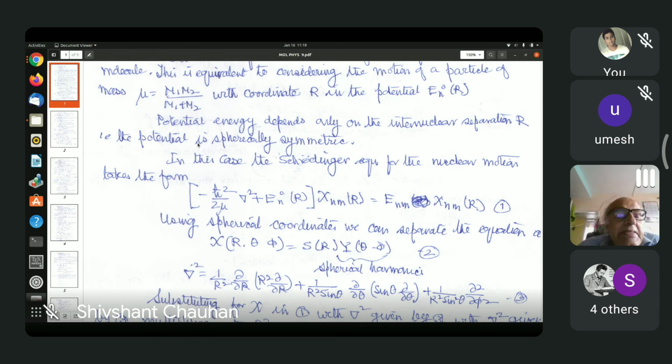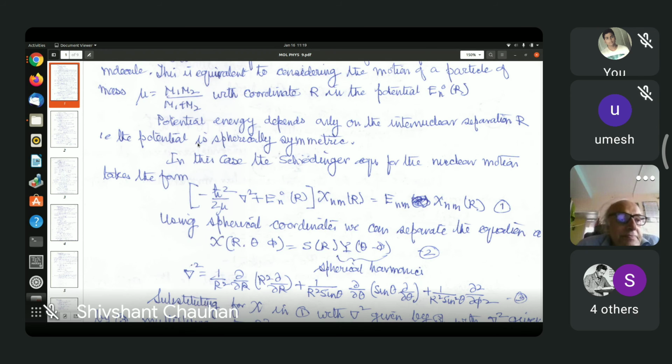So basically we are changing the two-particle Schrodinger equation into a single-particle equation. We can do that for central forces, as we have seen earlier. And so the energy equation becomes minus ħ² by 2μ ∇² plus E_n^0(R) acting on χ_nm(R).